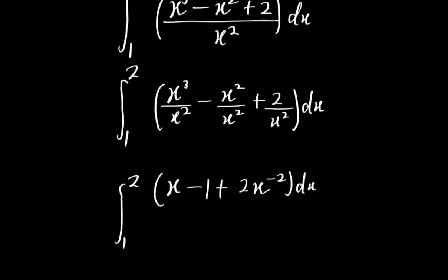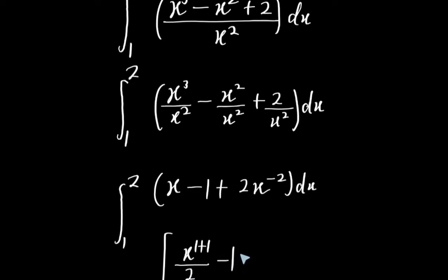Once you get to this stage, you can integrate, because now you have an expression in linear form. In integrating this, I will add 1 to the exponent of x, and then divide the result by the new exponent for each term. So x^(1+1) divided by 1 + 1 is 2, so we have x² over 2.